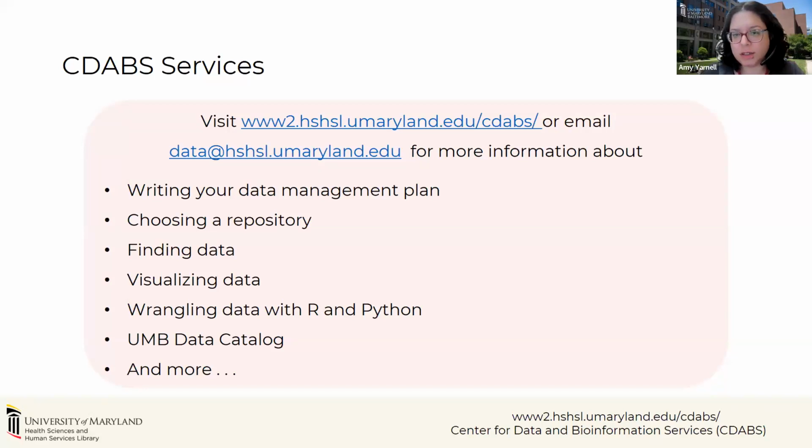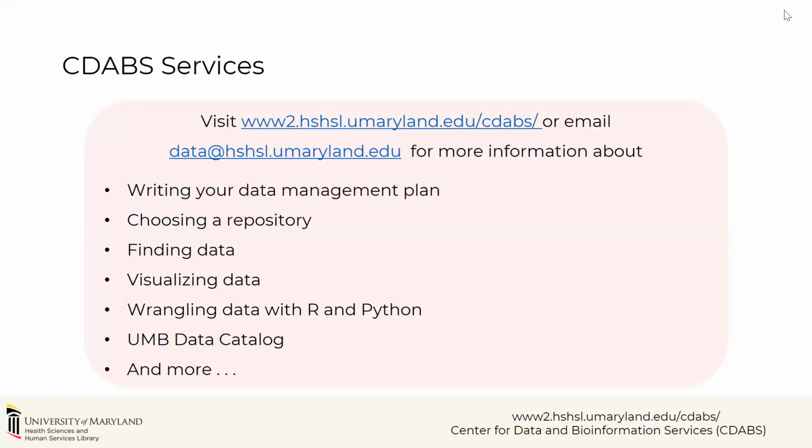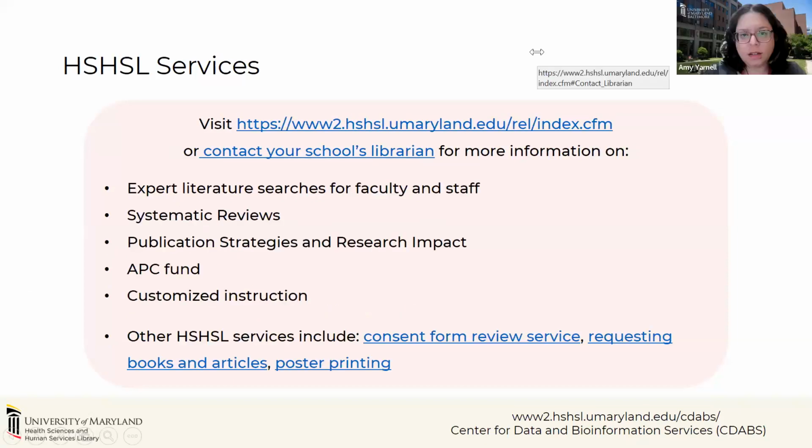Any other questions? We still have a few more moments here if someone has additional questions. And again, while people are thinking, I'll also point out that in addition to what we do at the Center for Data and Bioinformation Services, there's a lot that the library does in general.